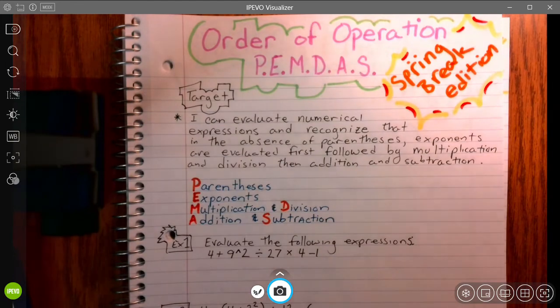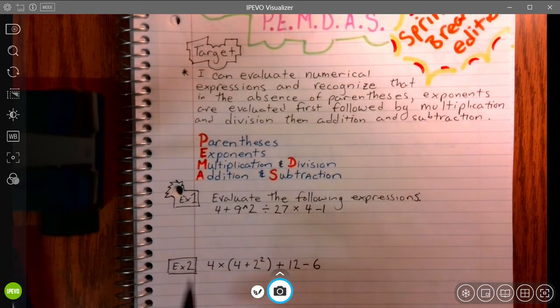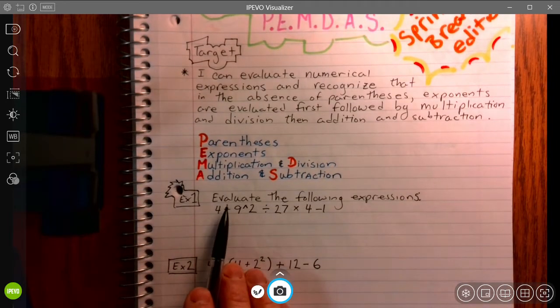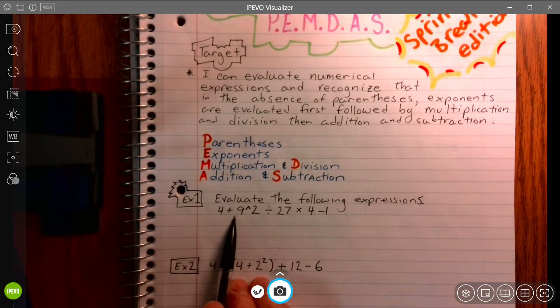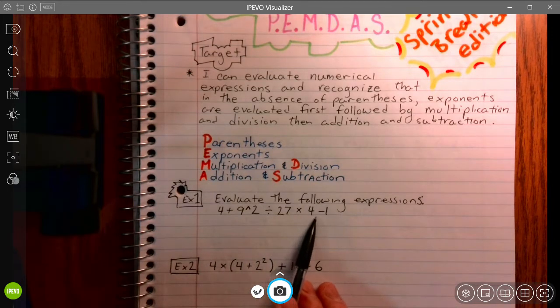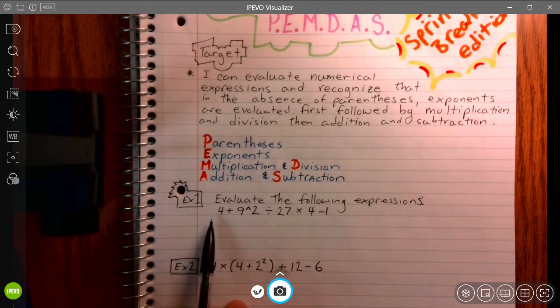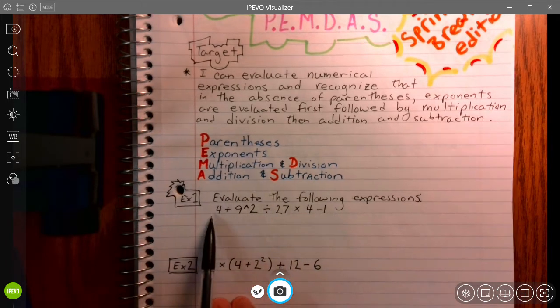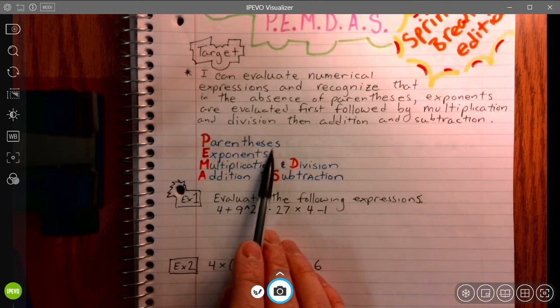All right, so let's take a look at example number 1 and see what that means. Example number 1 says evaluate the following expression: 4 plus 9 squared divided by 27 times 4 minus 1. I'm going to read this expression from left to right, and I'm going to ask myself, are there parentheses?